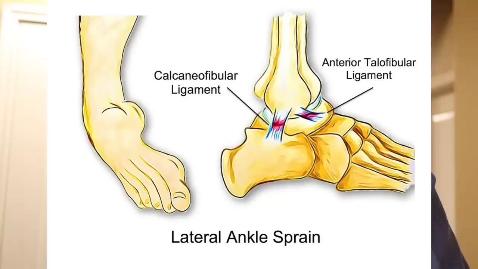There's also a question about whether Kevin Durant should have even played this game due to his recent injury. Was he ready to come back at this time? Did he overdo it, trying to get back into the game too soon? But who knows? So the next step would be an MRI. Depending on what the MRI shows will dictate what happens next, whether it's surgery or whether it's just an ankle sprain, which is basically injuring the ligament on the lateral aspect of your ankle.